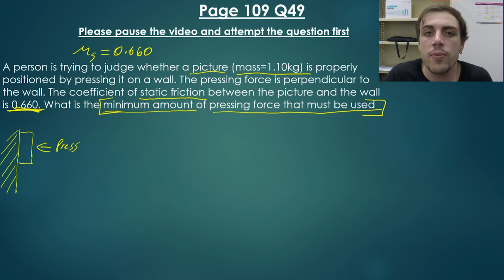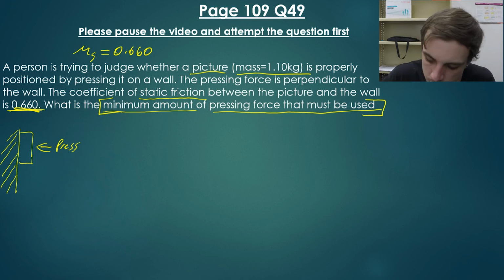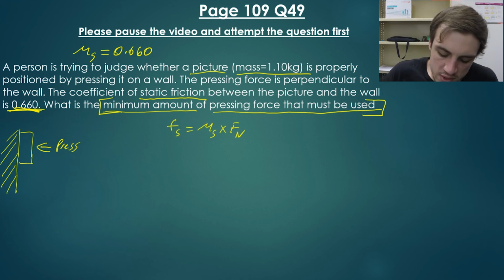Because remember, with friction, the greater the perpendicular force, or the force normal, the greater the amount of friction. So the first thing I'm going to do here is I'm going to write down my friction formula. But we can see a bit of a problem here. So here is the force normal, and that is what the question is asking for, because it's asking for the amount of pressing force.